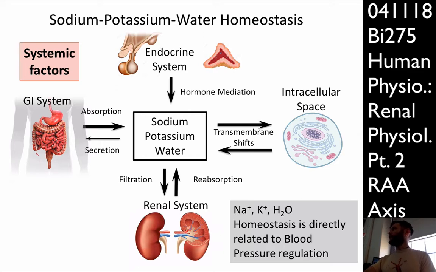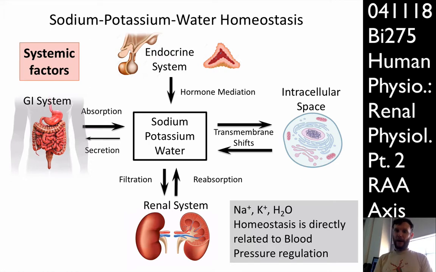Now the fluid and the electrolytes are going to leave the body primarily via the renal system, the kidneys here. We're going to filter a huge amount of these out and then resorb the vast majority of it as well. All of this is under the control of the endocrine system and the nervous system as well. I didn't put this one in there.